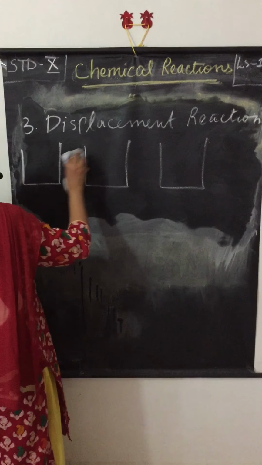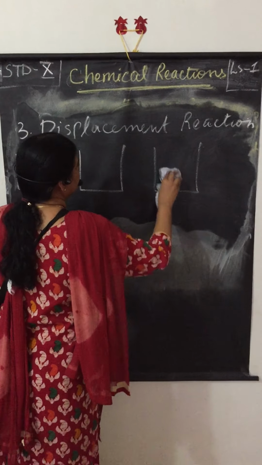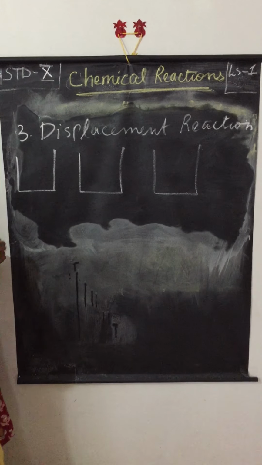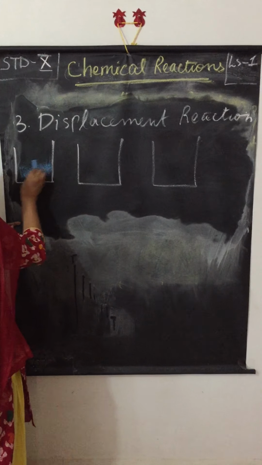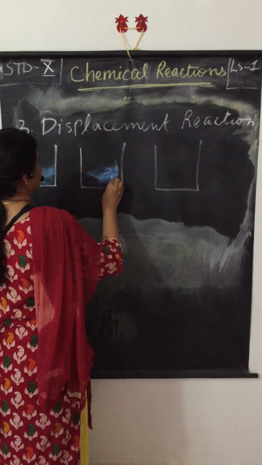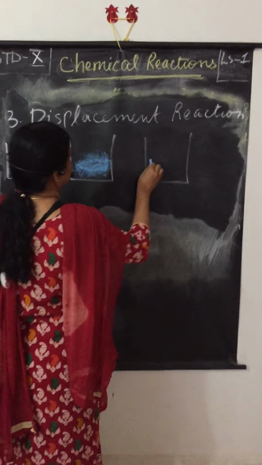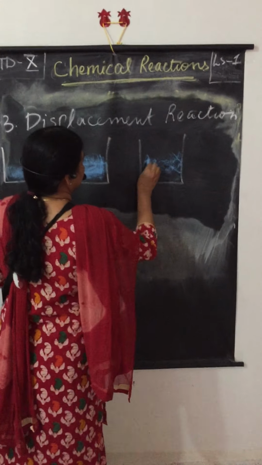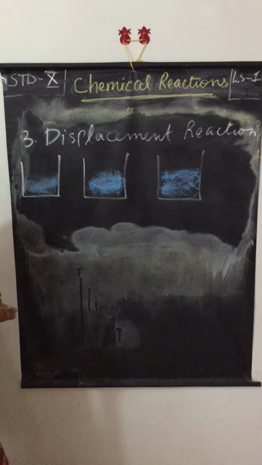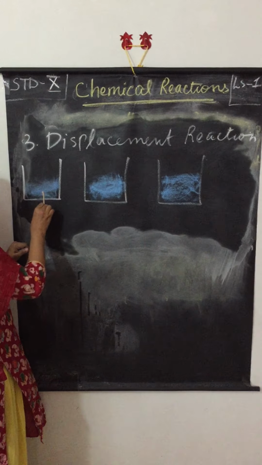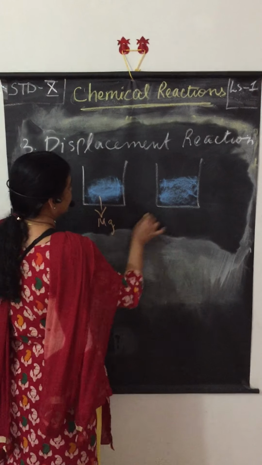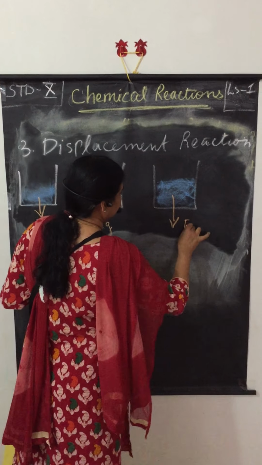Copper sulfate is a blue colored solution. So copper sulfate solution is taken in three beakers, and then add different metals. In one beaker add zinc, in the second add magnesium, in the third add iron.